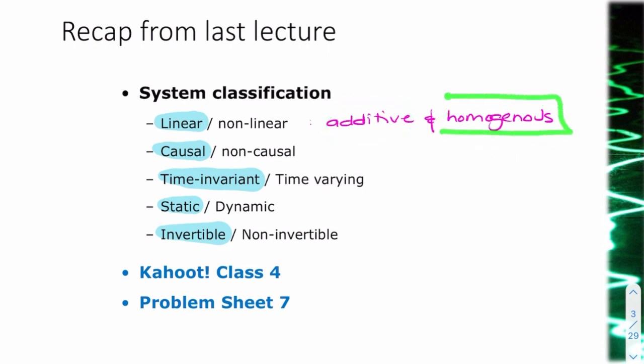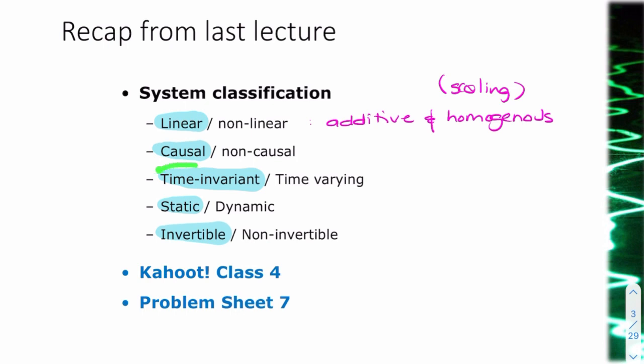Homogeneous, or the property of homogeneity, is often referred to as scaling. So scaling or scalable is the adjective. We spoke about a causal system. It's a system that doesn't anticipate a future input.